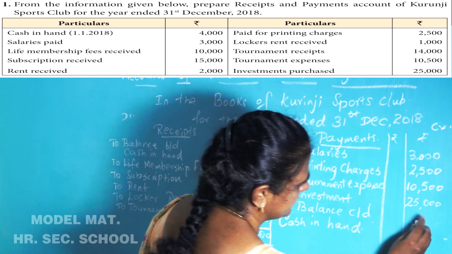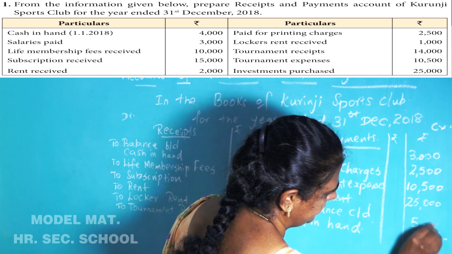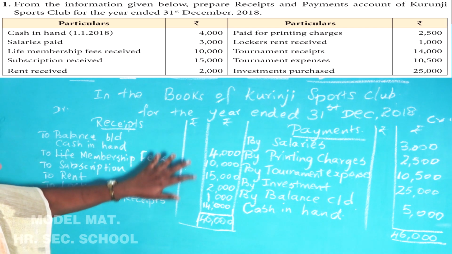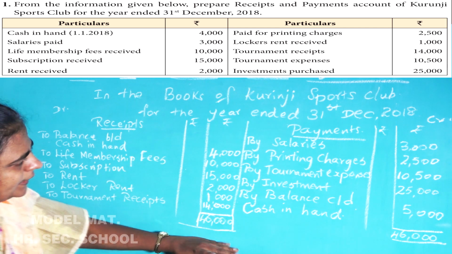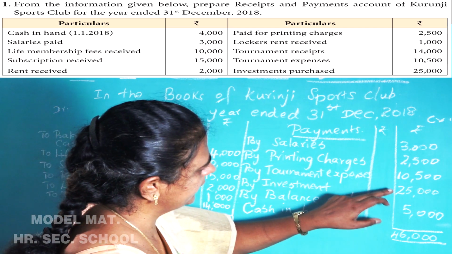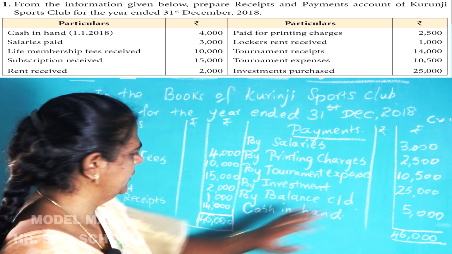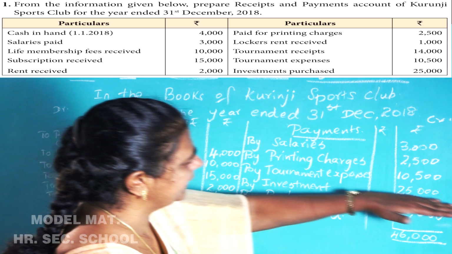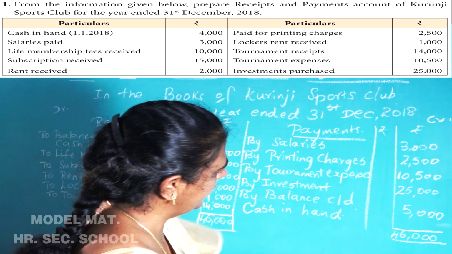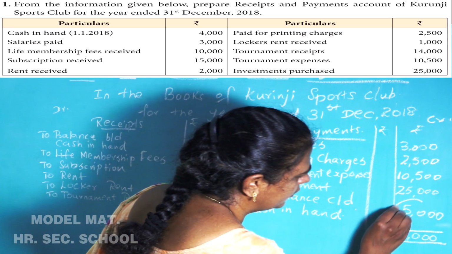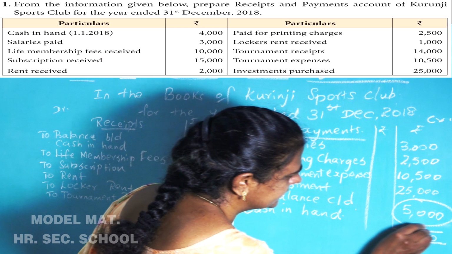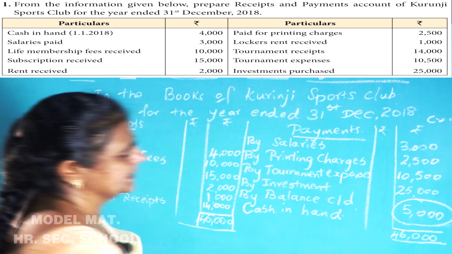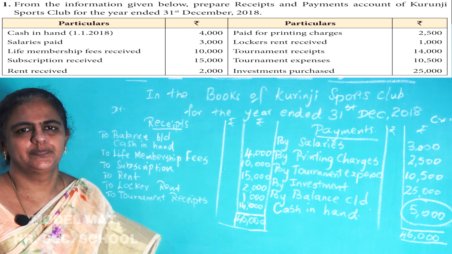When you add the debit side you get 46,000, and when you add the credit side you get only 41,000. So 46,000 minus 41,000 gives the closing balance of 5,000, which is the cash in hand. That is the answer. Understood?